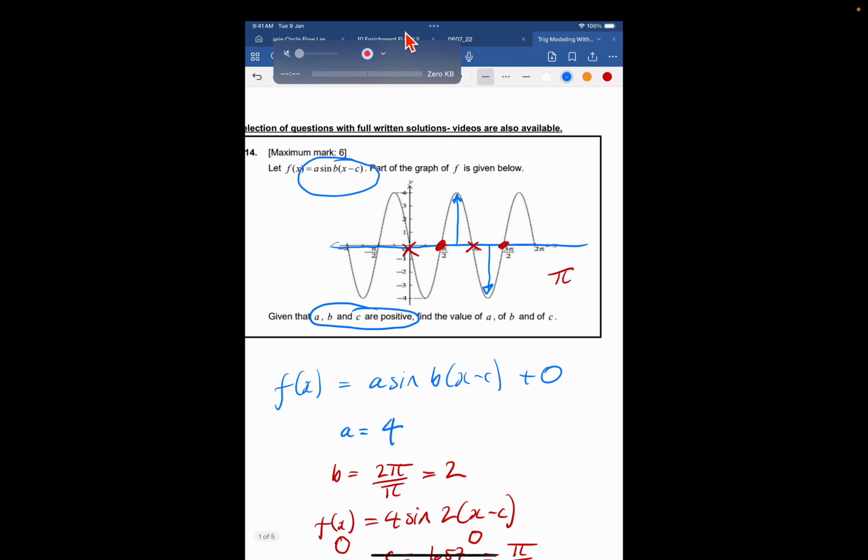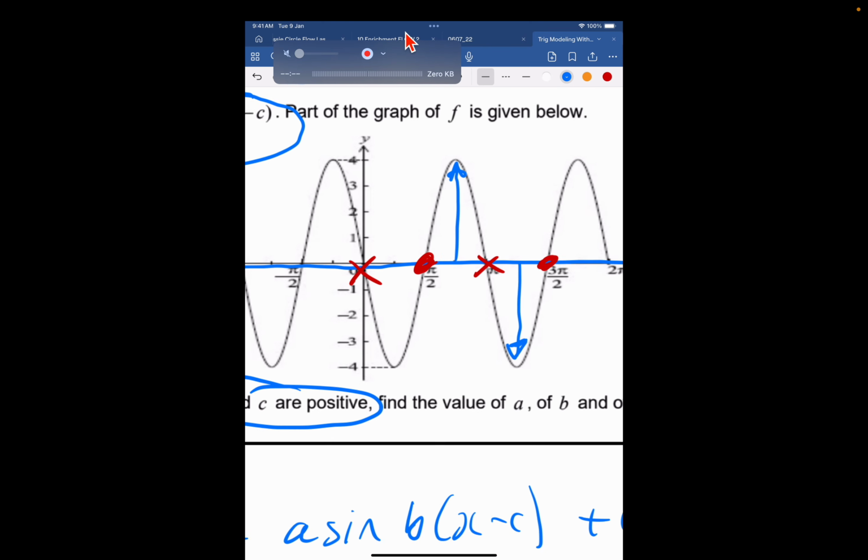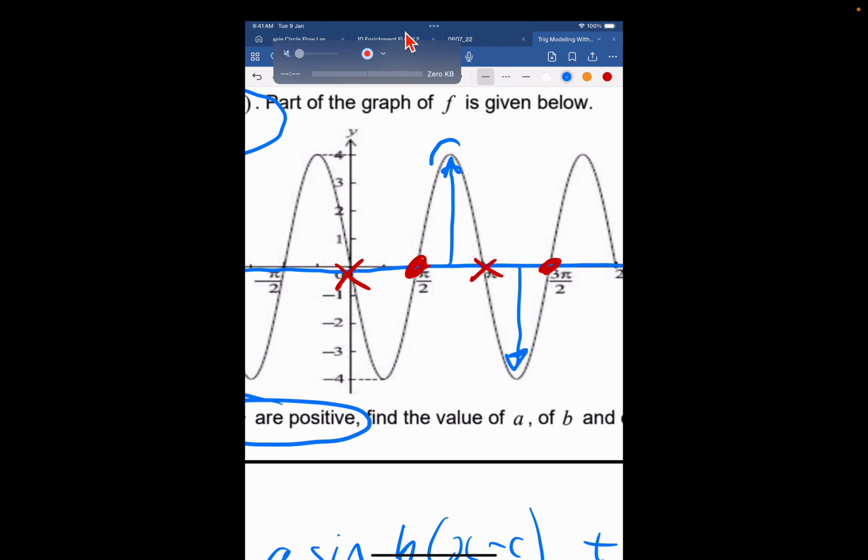Now when we look at our new picture, if we zoom in on this, we want to know what are the coordinates of this guy. Now, if we just take equal notches here, this looks to be pi over 4, pi over 2. I think this is 3 pi over 4.